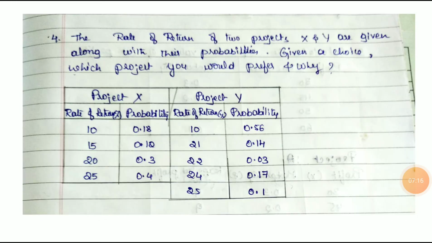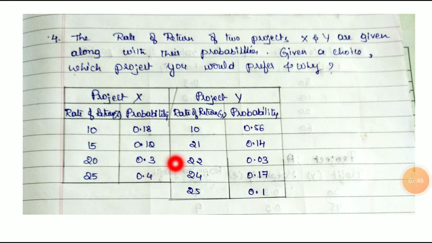Then the fourth problem: the rates of return of two projects X and Y are given along with their probabilities. Given a choice, which project would you prefer and why? So project X and project Y are given here. 10, 15, 20, 25 is the rate of return of project X, with probabilities 0.18, 0.12, 0.3 and 0.4.